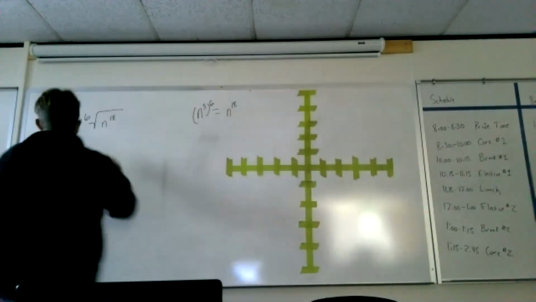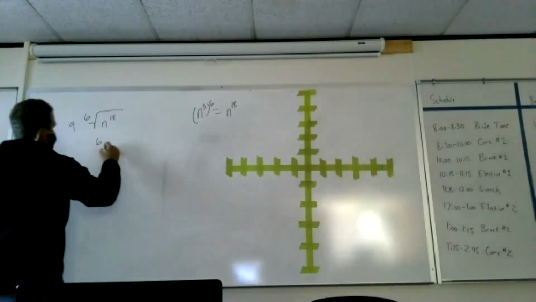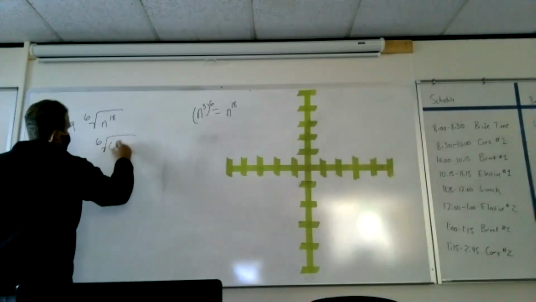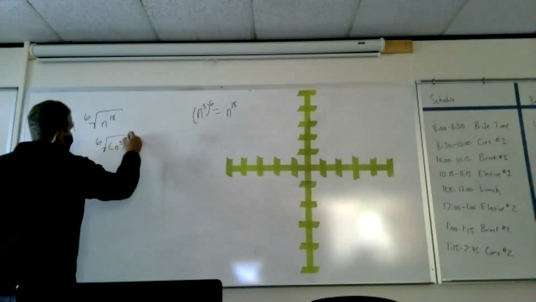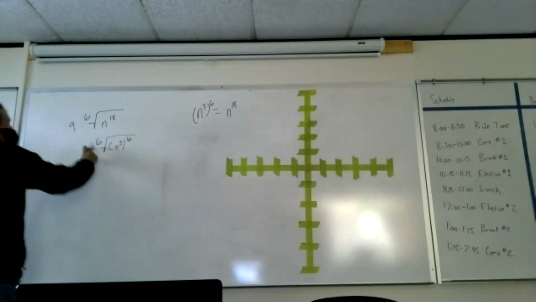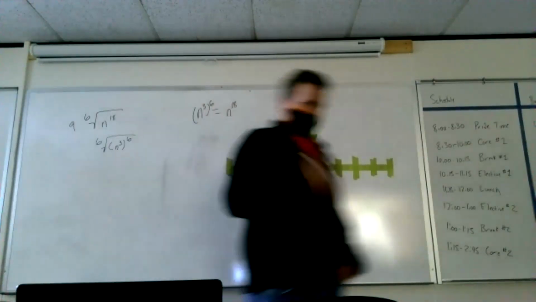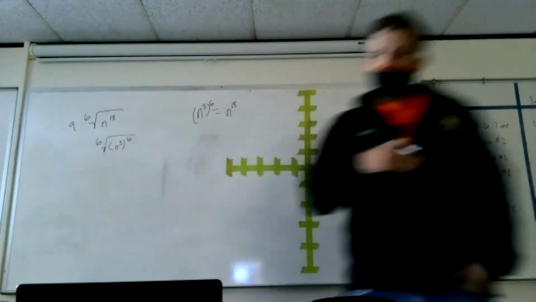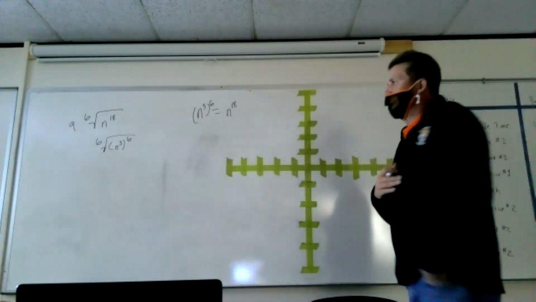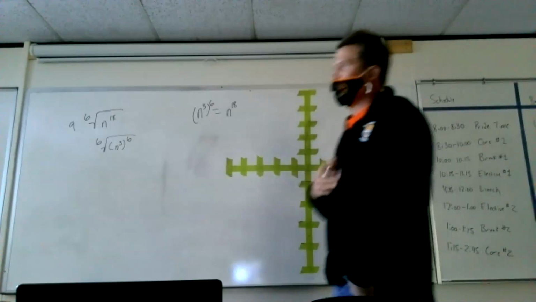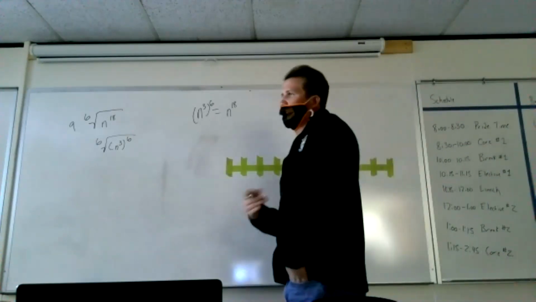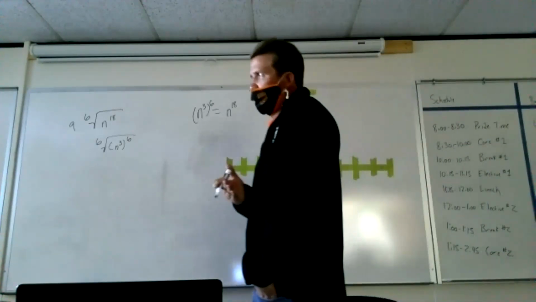Okay? What that allows us to do is rewrite our equation to look like this. Now we're taking the 6th root of a radicand that's been raised to the 6th power. So it's like taking the square root of x squared. The square root of x squared is x.